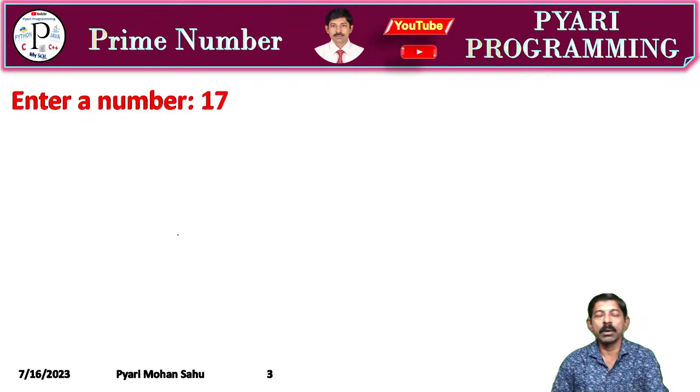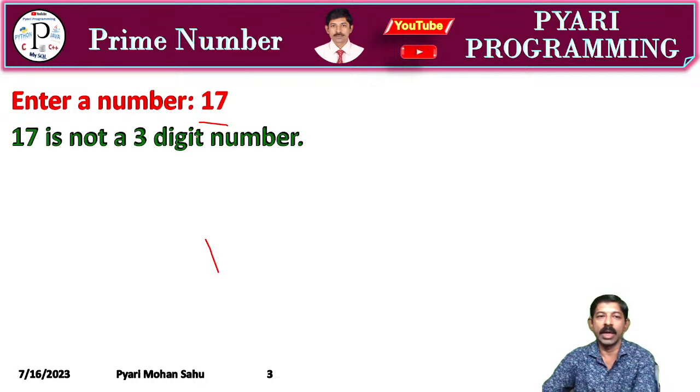Suppose user has a number called 17. So 17 is not a three-digit number. Because of that reason, it should display a message like this: 17, the number has to be displayed, is not a three-digit prime number.